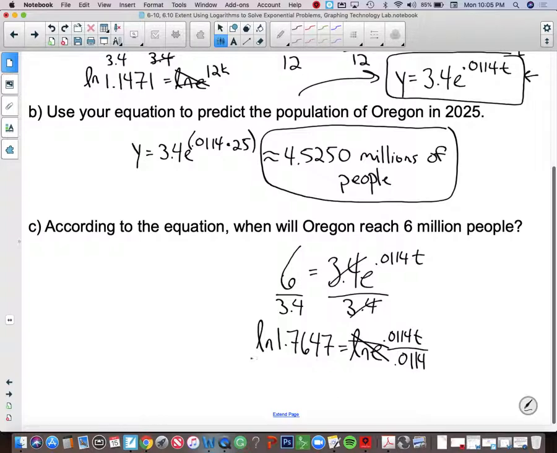I'm just going to divide it out from both sides. So we will take natural log of that 1.7647, and we're going to divide it by 0.0114, and we get t is about 49.6775. Okay.